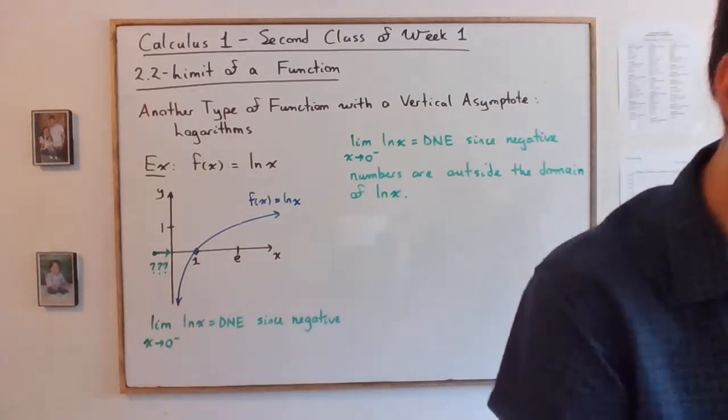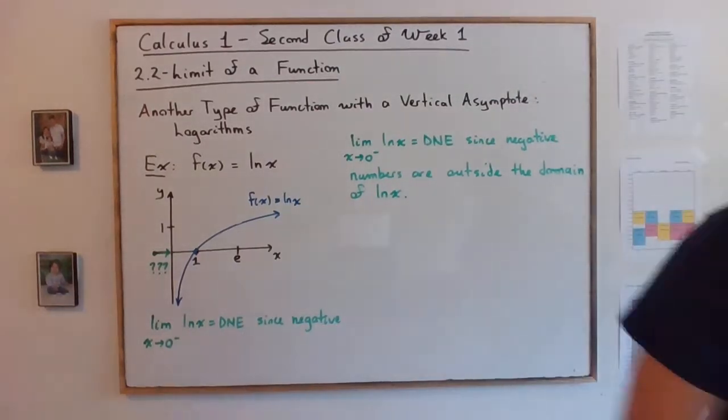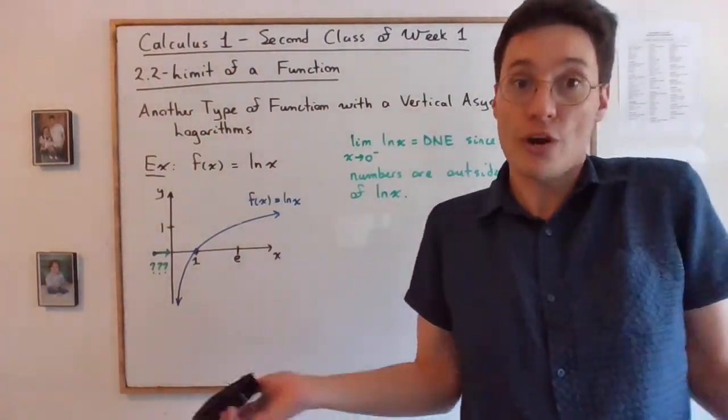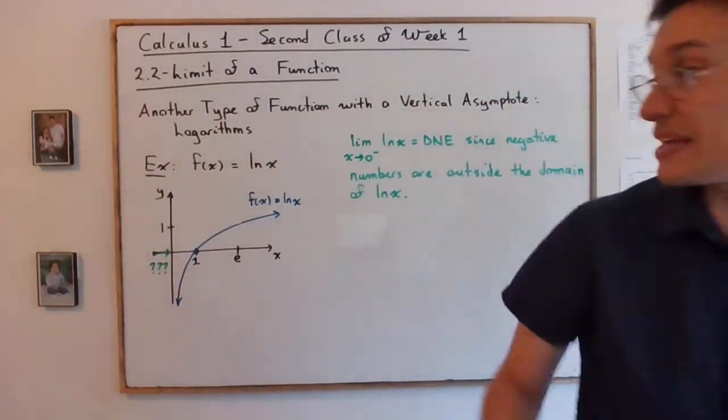Okay, so now I'm going to erase what I just wrote underneath, but the green arrow is really what I mean. There's no curve to take, so you cannot take that limit.